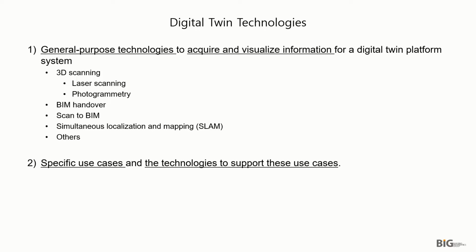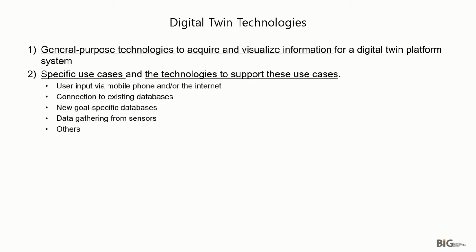Otherwise it doesn't have any meaning. So somebody needs to add semantics to it to say that that is a column. That's the difference between 3D scanning and scan to BIM, and the process is called semantic enrichment.